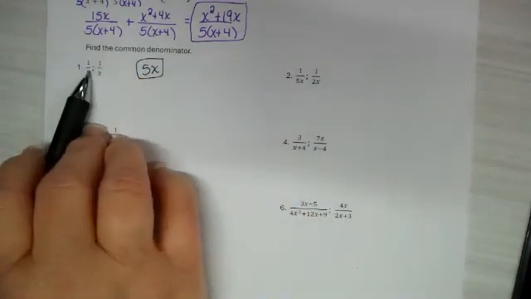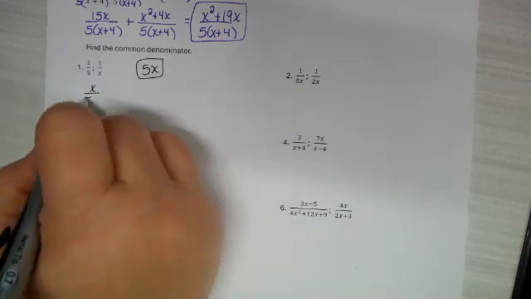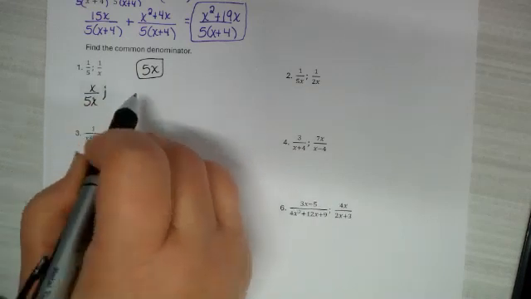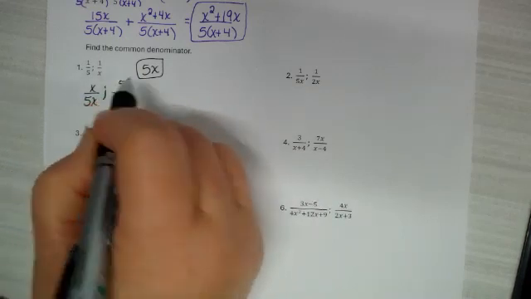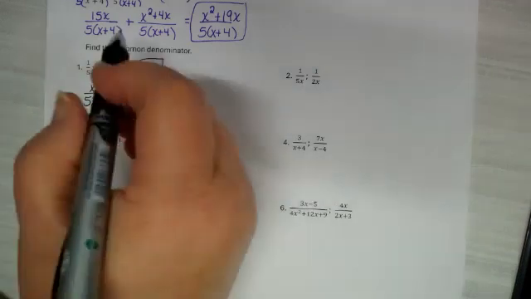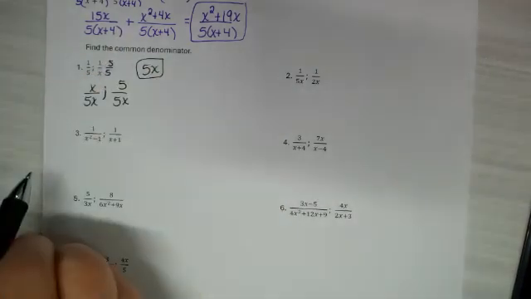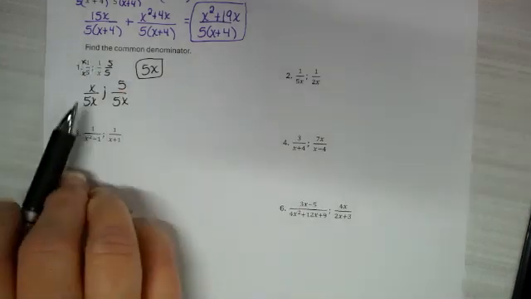So if I went back and used my common denominator, this one would become x over 5x. And this one, if I wanted it to be 5x, would get a 5. So remember, whatever I was missing on the bottom, I multiply on the top. If I was missing an x on the bottom, I multiply by an x on the numerator.